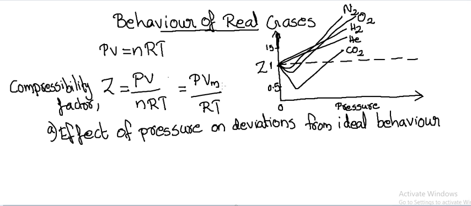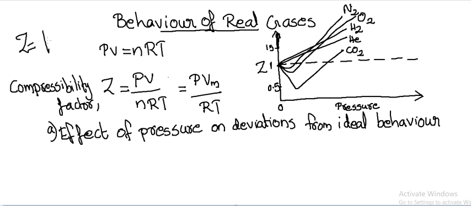Then what will be the value of Z for an ideal gas? For an ideal gas, Z equal to 1 under all conditions, and that will be independent of temperature and pressure.